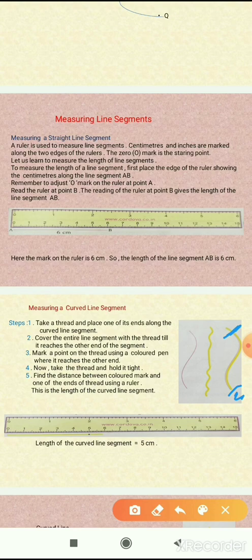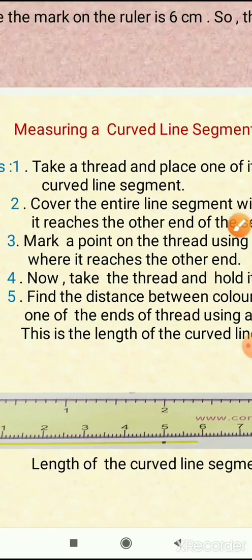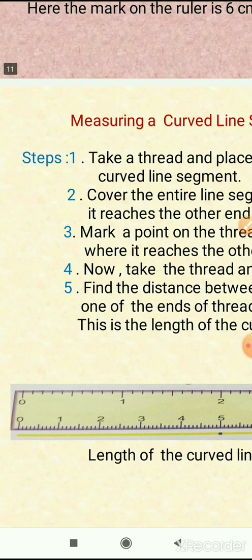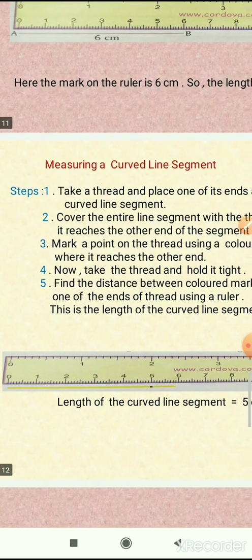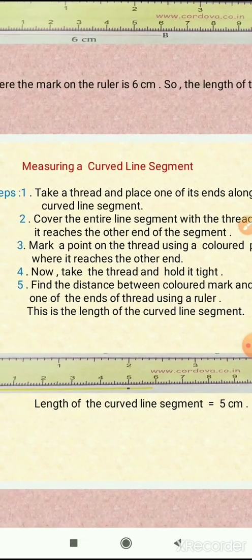Okay, so if you observe this figure, see here, this is the end point which is marked. Now take the thread and hold it tight. Find the distance between the color mark and one end of the thread using a ruler. This is the length of the curved line segment.